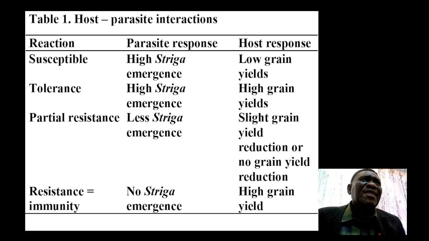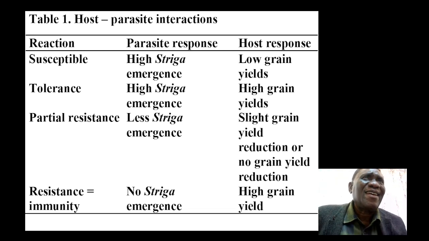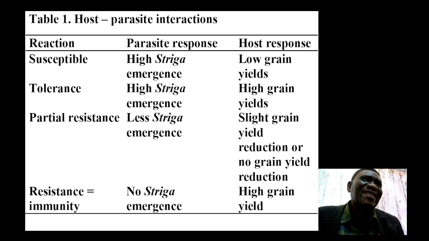Now let us look at the host parasite relationships. A host can be susceptible, which means it can have high striga emergence and low grain yields. If the host is tolerant, it may have high striga emergence but also high grain yields.